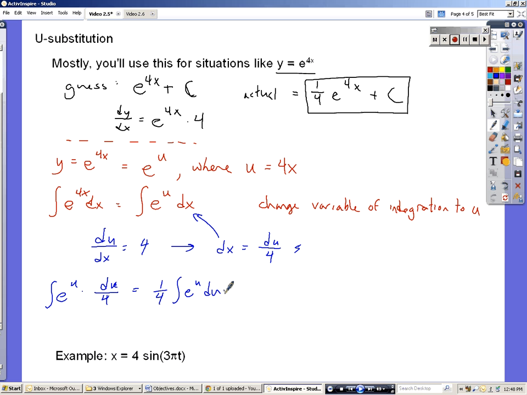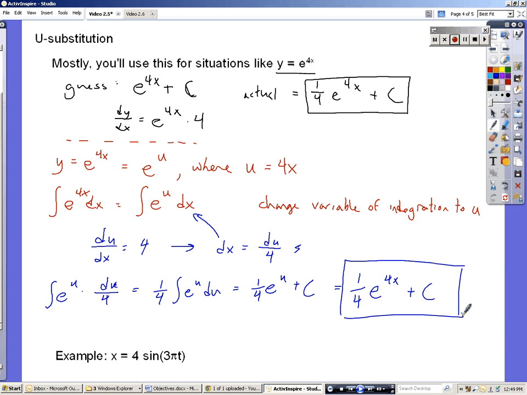And that looks like something we can do. e to the u du, that's just e to the u plus c. But then we want to put it back into our original equation, put the 4x back. And so we get 1 over 4 times e to the 4x plus c, and there's our answer, which is what we got before. It looks complicated at this point, but it gets pretty easy.